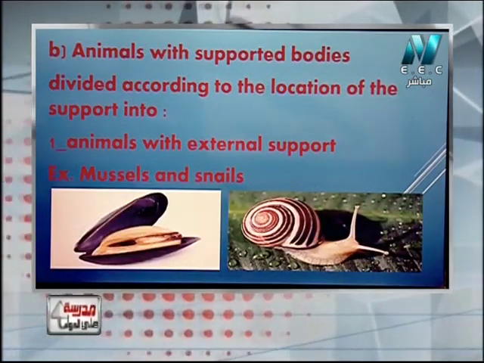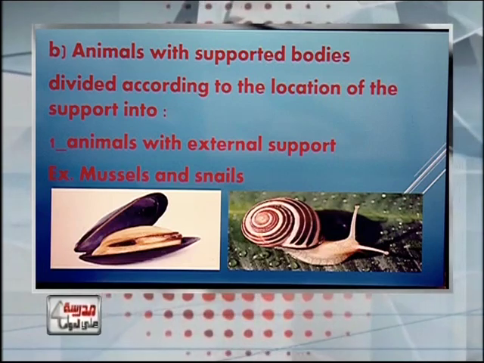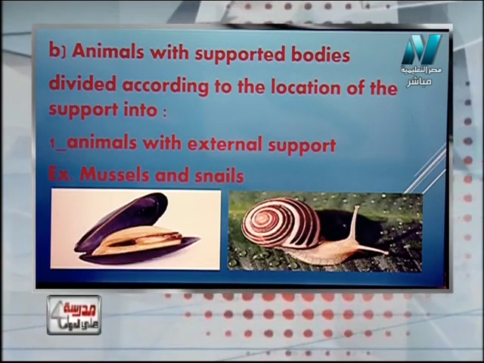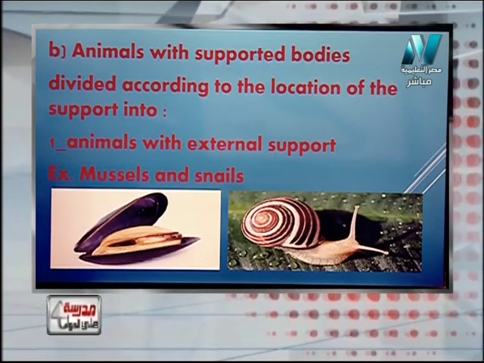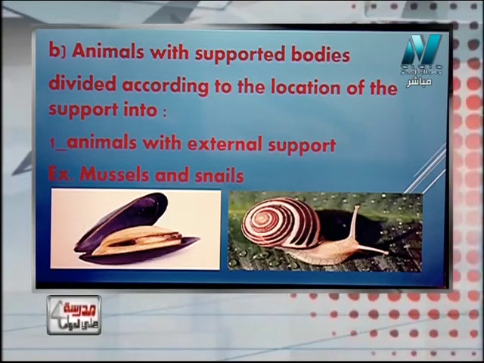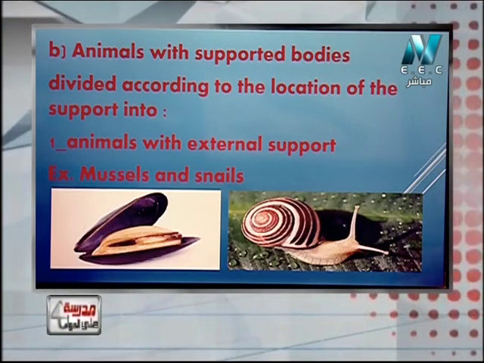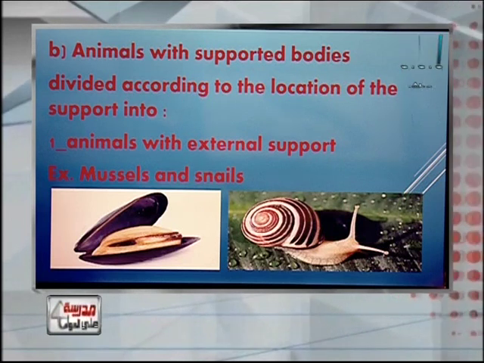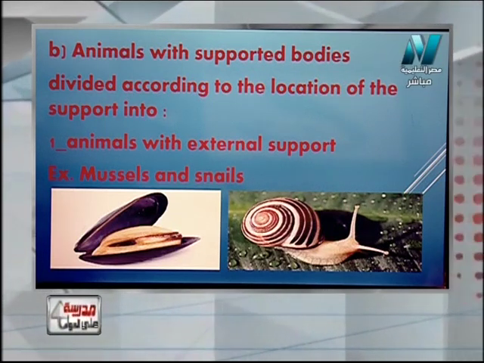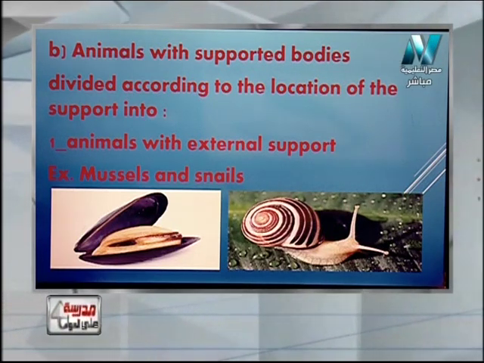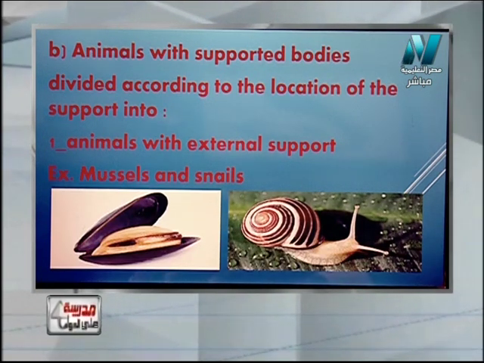Number B, animals which have supported bodies, divided according to the location of support into number 1, animals with external support, bones from outside the body, not inside the body, as mussels and snails.